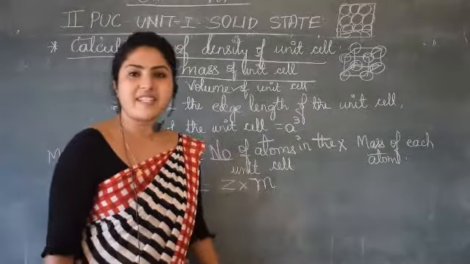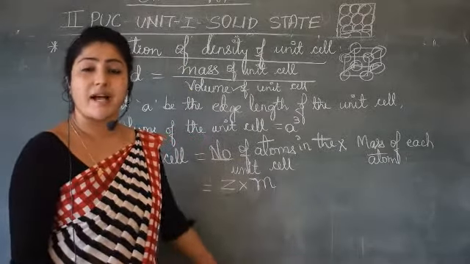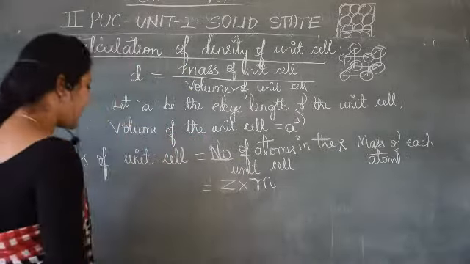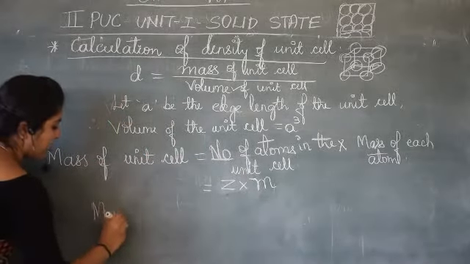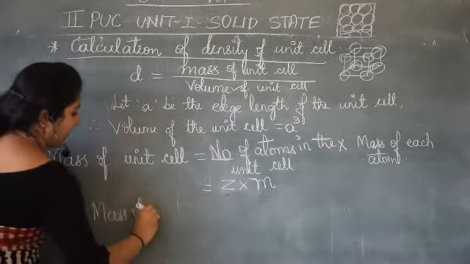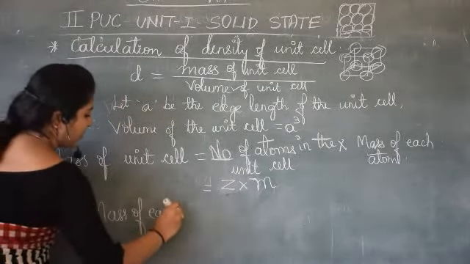But mass of each atom formula is, again, small letter m is equal to molar mass by Avogadro's number. It's capital letter M by Avogadro's number. Small letter m is equal to capital M by Avogadro's number.